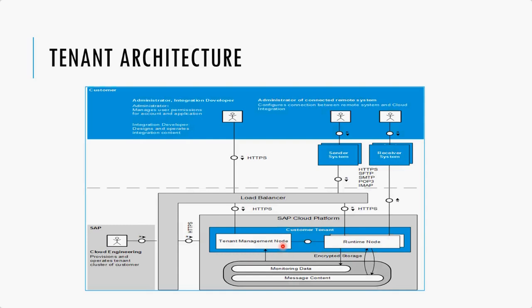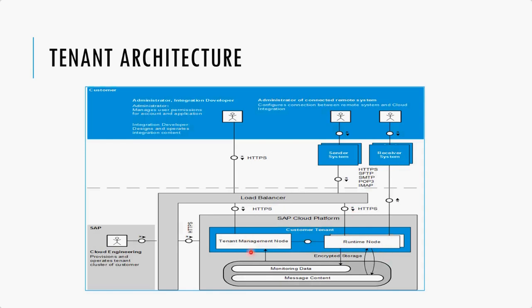The main use of the tenant management node is that most of your content is accessible on it. It is basically the administrator of these runtime nodes. Whenever a request comes in, the tenant management node will forward that to the runtime nodes, and these runtime nodes are responsible for actually processing your message.